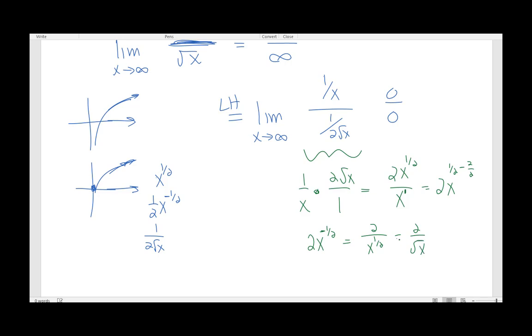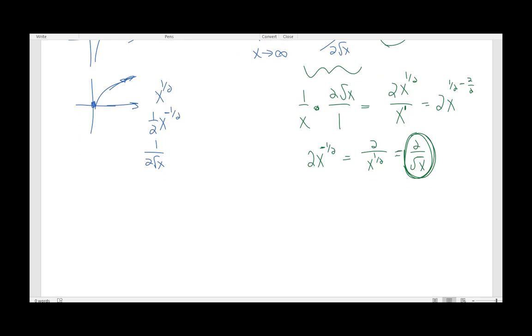So before I do L'Hopital's rule a second time, I'm doing some algebra cleanup. And I notice this is really nice cleanup we end up with. 1 over x over 1 over 2 root x cleans up all the way down to 2 over root x. So instead of thinking of it as L'Hopital's again, I'm going to do some algebraic cleanup, and now this is what I'm going to take the limit of.